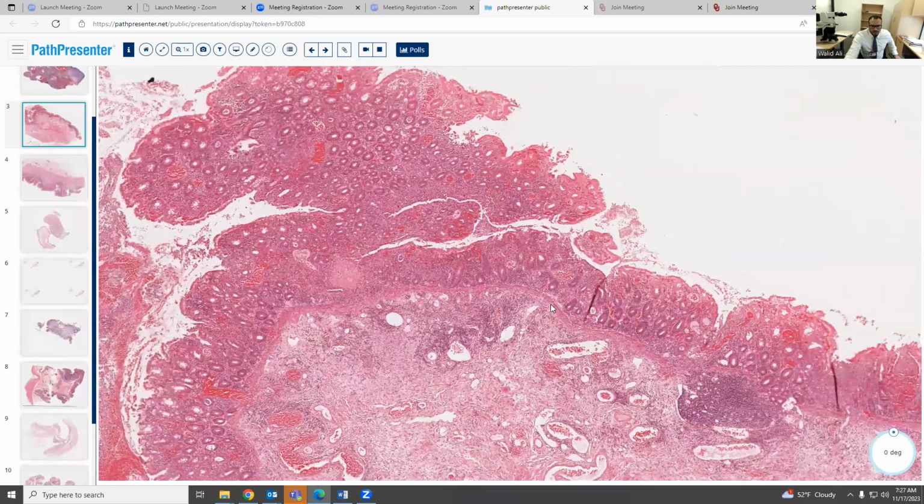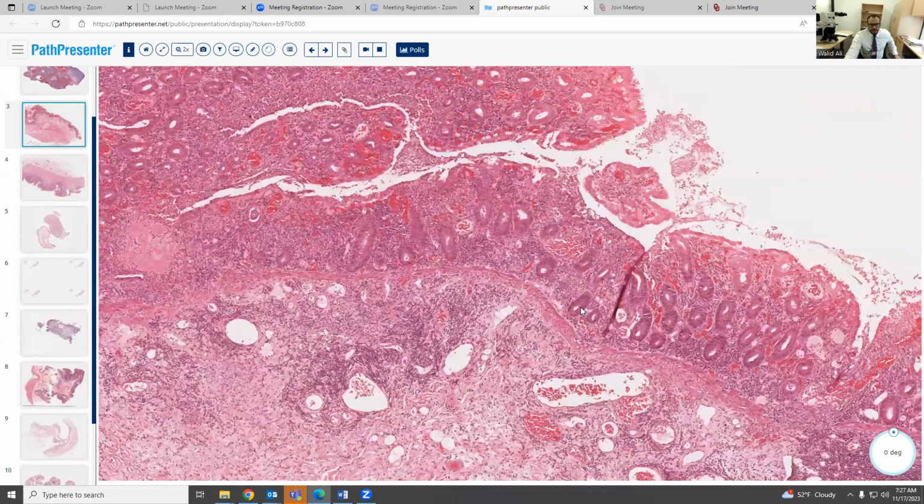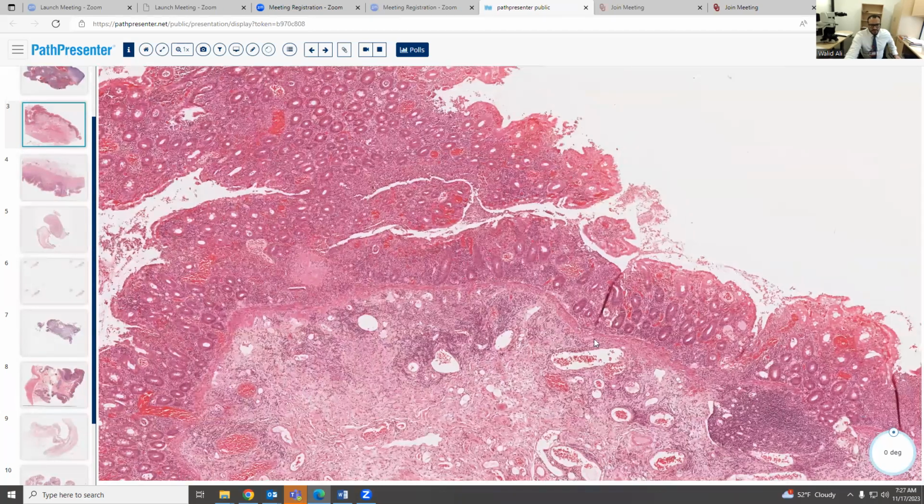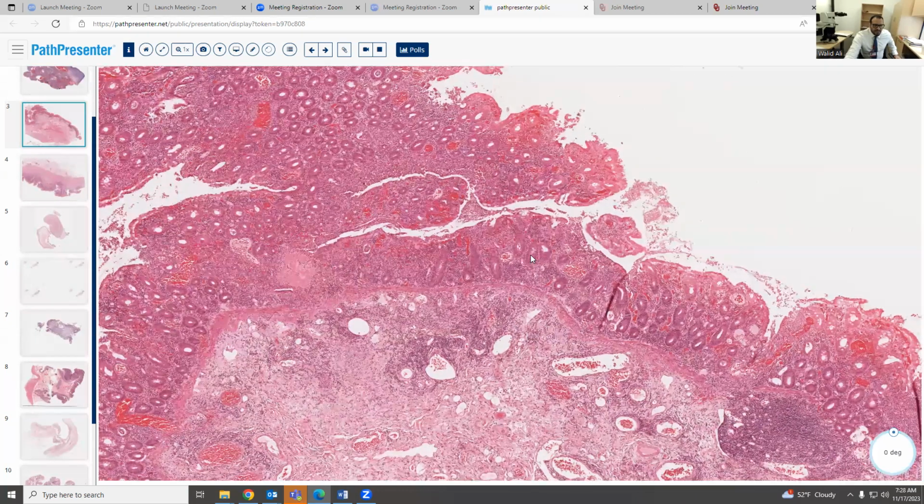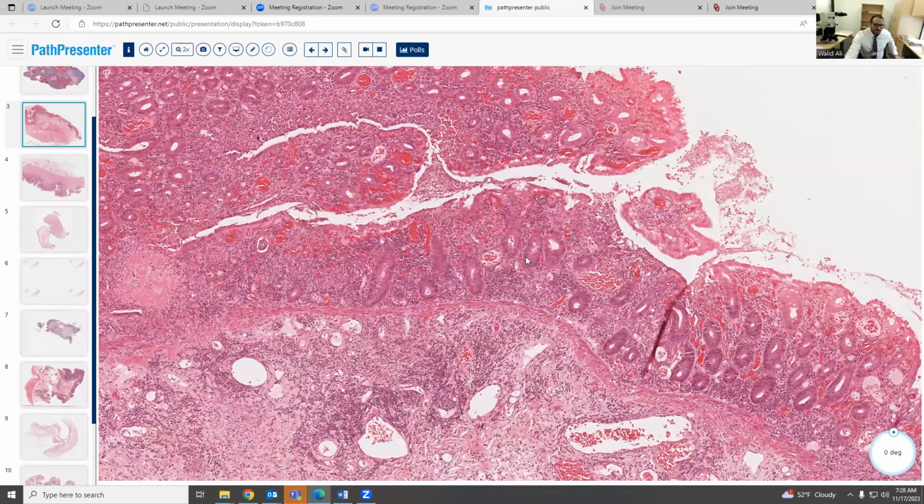Here at low power we can see an abundance of lymphocytes. Another thing, which I don't see here, is pyloric gland metaplasia, which is also a feature of chronicity, and also Paneth cell metaplasia. Paneth cell metaplasia usually happens on the left side because it's normal on the right side of the colon.